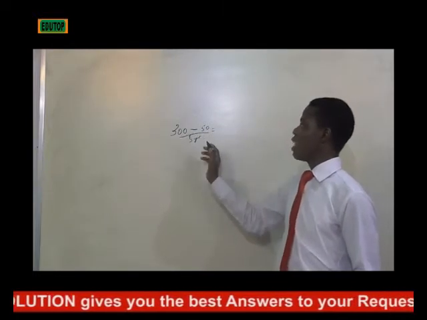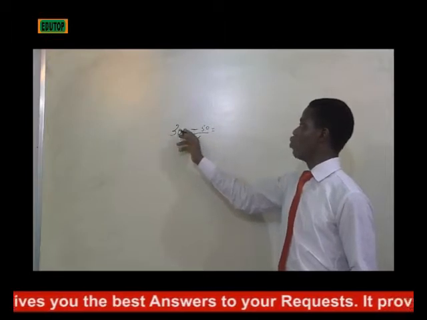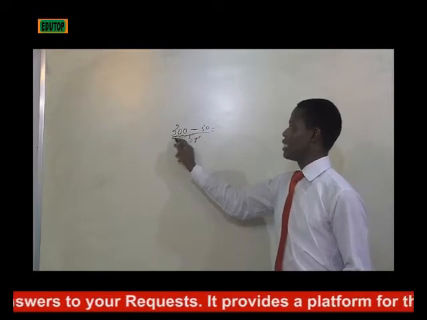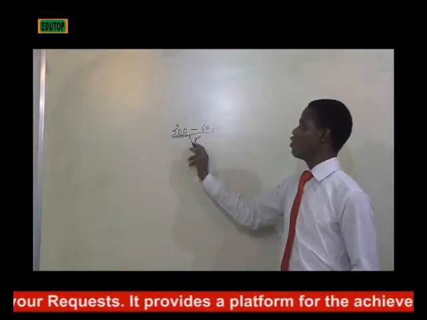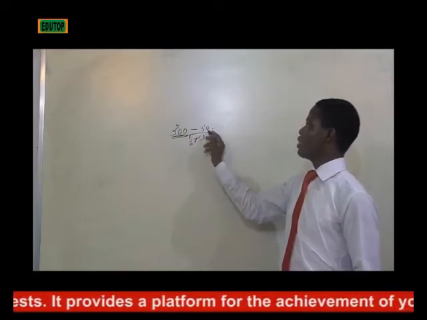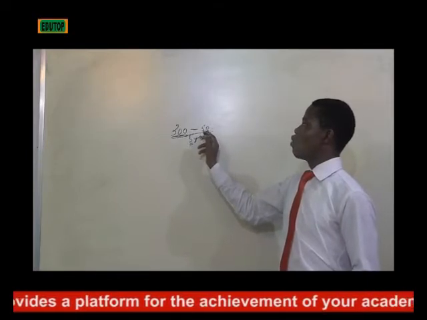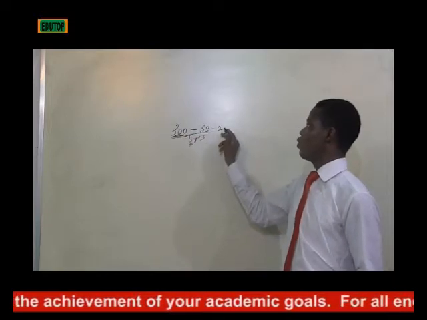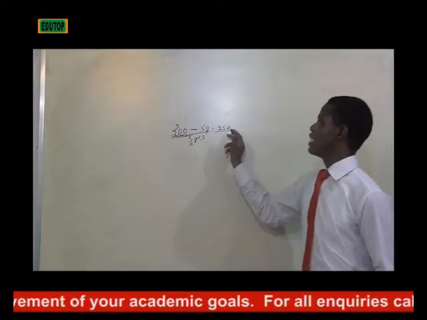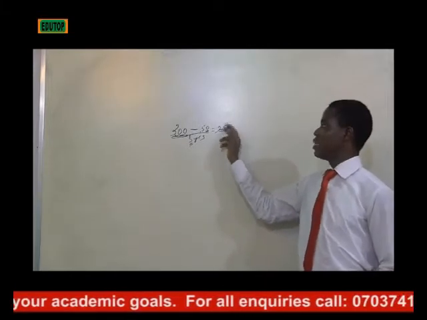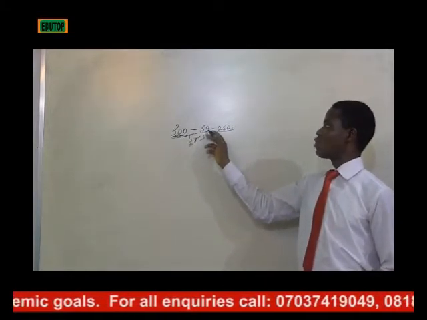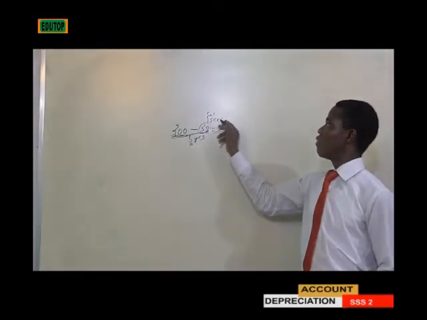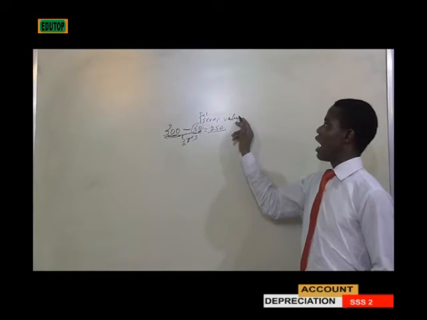Under the straight line method, we subtract the scrap value from the cost, because when you bought an asset at 300 naira and, after using it for 5 years, sold it at 50 naira, how will you charge your depreciation? It is this minus this, which gives you 250. So 250 is the amount that is depreciated from this asset, whereas you sold it for 50 naira, which is the salvage value or the scrap value at the end of the day.